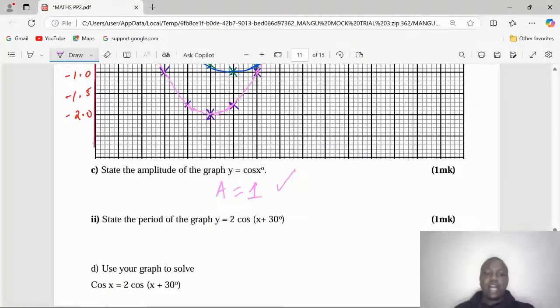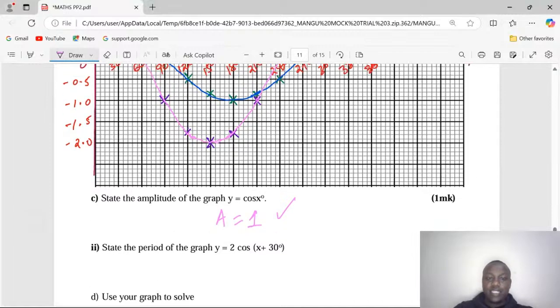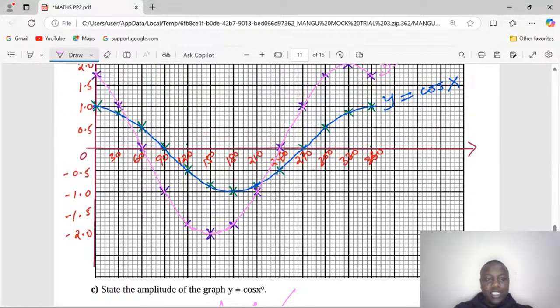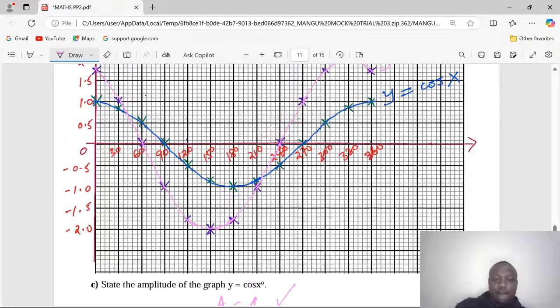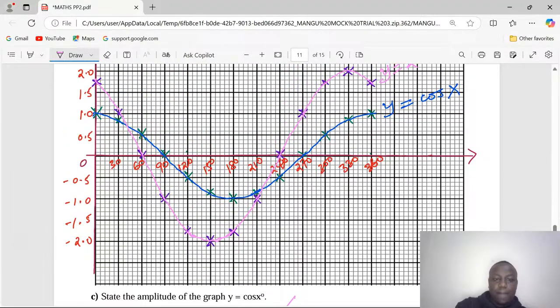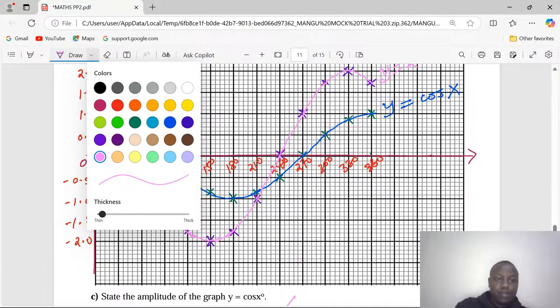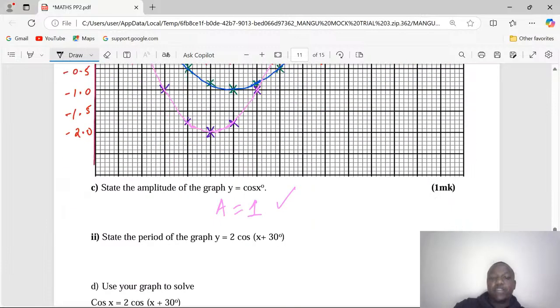State the period of the graph y equals 2 cosine of x plus 30. A complete cycle for this particular graph can be seen when we take, let's say, this. Let me give an example of what a period is.